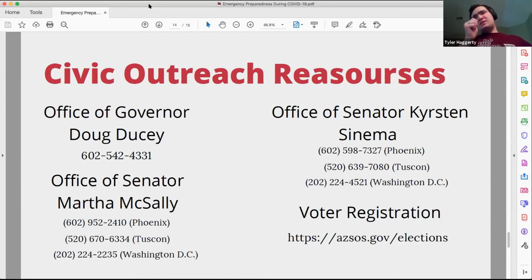Voting is the most important and most effective way to ensure that we have a government that works for all of us. And all of these numbers and the link are included in the slideshow, which has been emailed out to all of you.